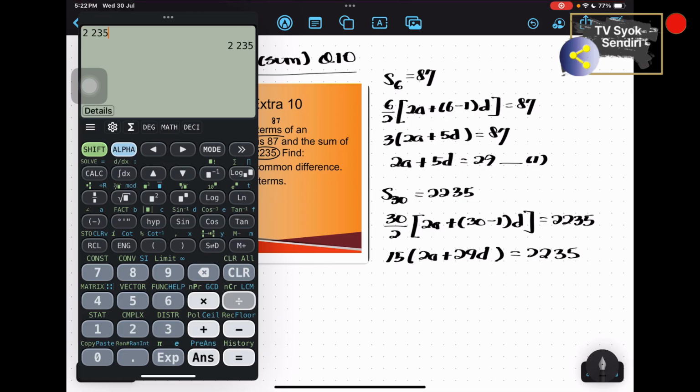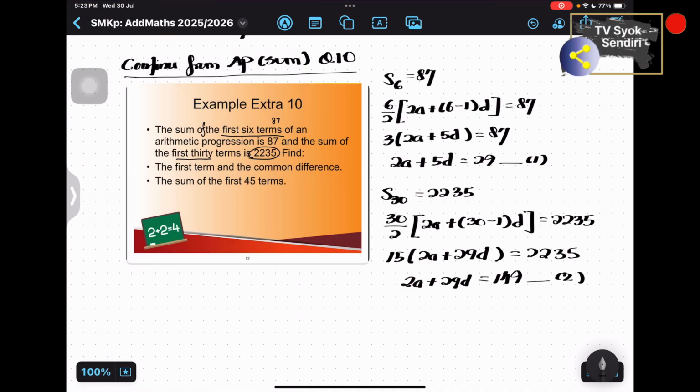Let me press my calculator: 2235 divided by 15. Oh, yes, it's a very beautiful number. So now I can conclude my 2a plus 29d is equal to 149.